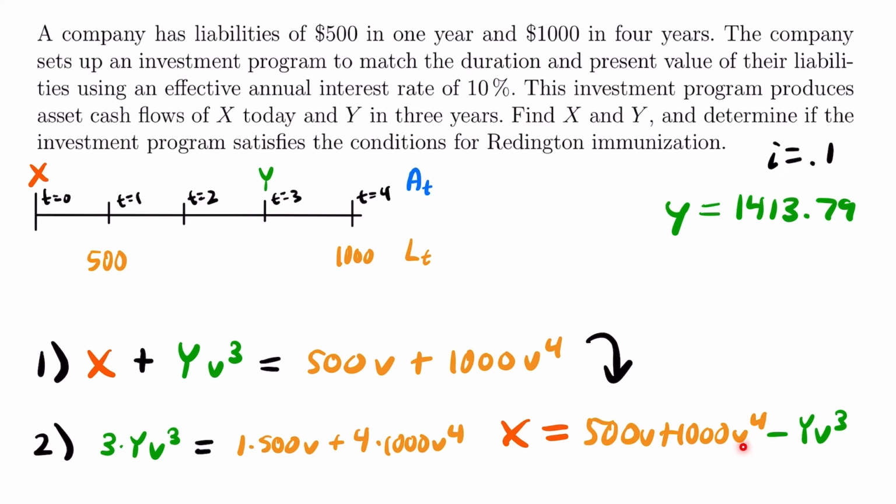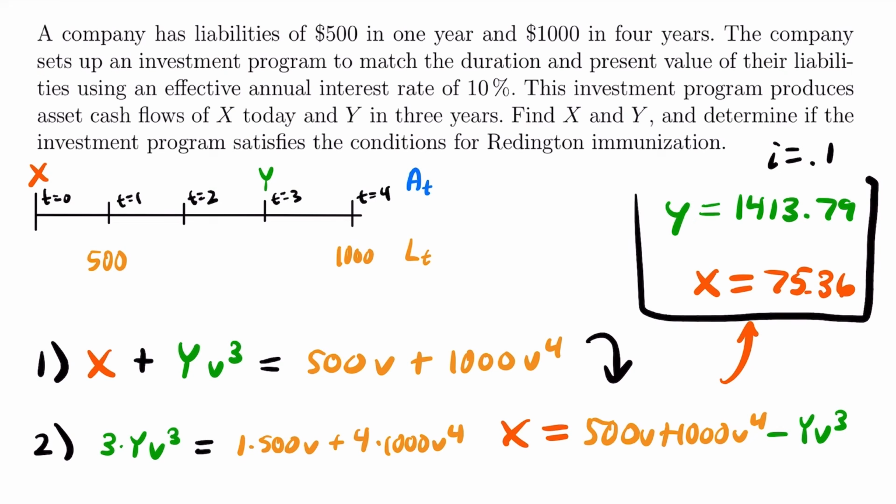Now remembering what the present value factors are equal to, as well as knowing what y is equal to, you can plug this whole expression into your calculator and solve for x. And so if you do that, you will find that x is equal to 75.36 and some more decimals, but I'm going to round it off there and say that x is equal to $75.36.